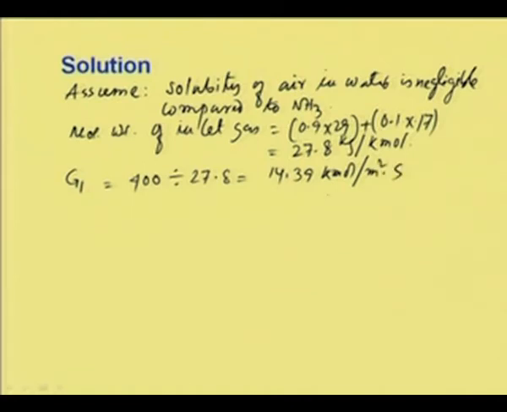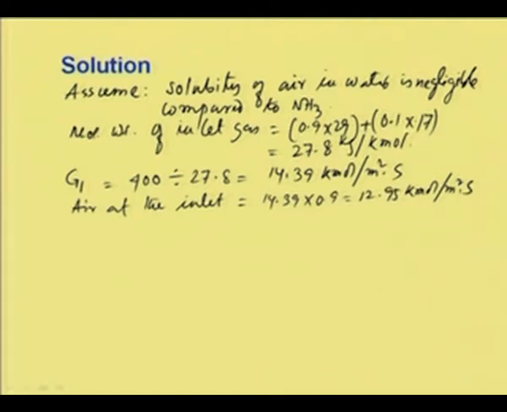Now, out of this 14.39, 90% is air. So, the air at the inlet is equal to 14.39 into 0.9, which is 12.95 kmol per meter square second.